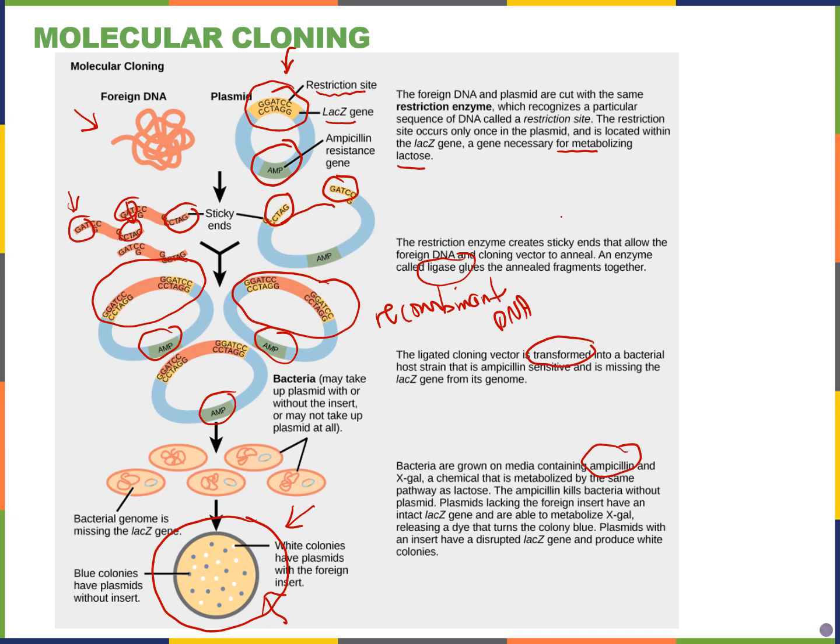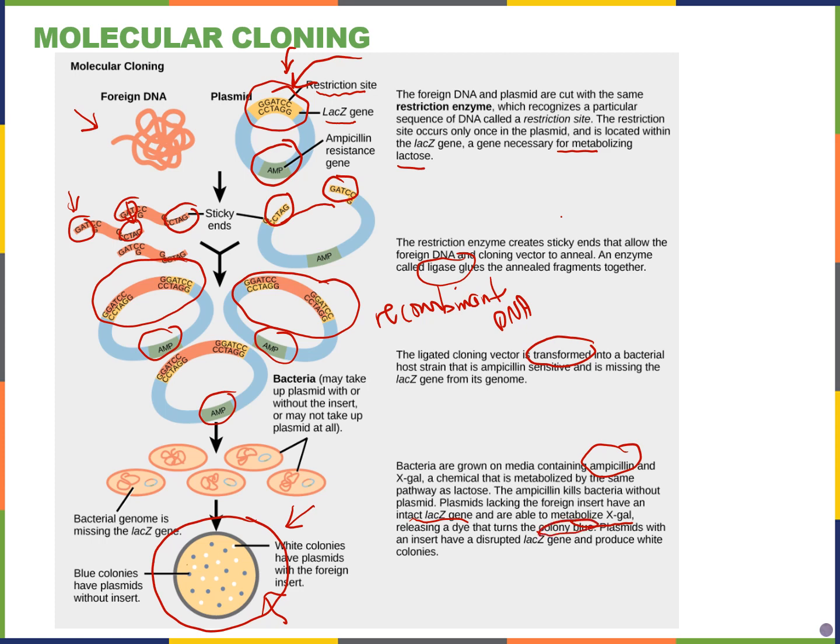So plasmids that don't have the gene of interest will have an intact, a normal LAC-Z gene. And when they have this, they're able to metabolize a chemical called X-GAL that's going to be on the Petri dish. When the LAC-Z product metabolizes X-GAL, it produces blue colonies.